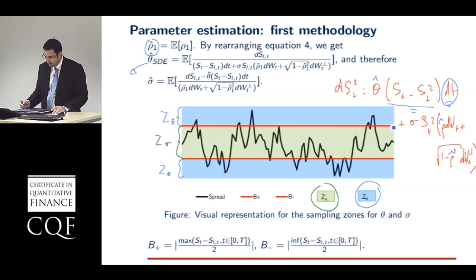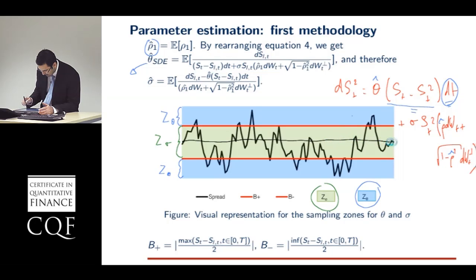Now, how do you define these two bands? A very, very simple way to do that is to assume that if this is mu, and if this is the max in here, halfway between these two things, then you have B plus.